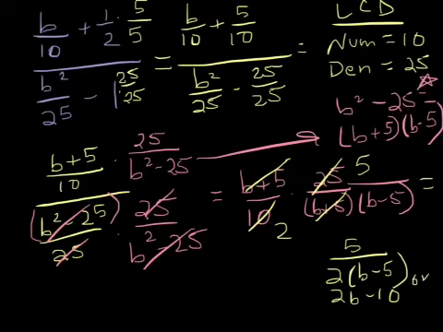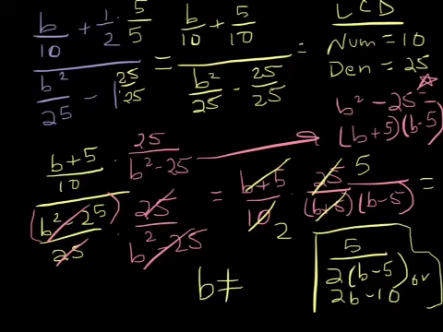It doesn't matter. Let's take a look at what our restrictions are going to be. What can b not be equal to? Let's go back to the beginning of the problem. There's no b in the denominator right here, so we're okay. No b in the denominator over here.